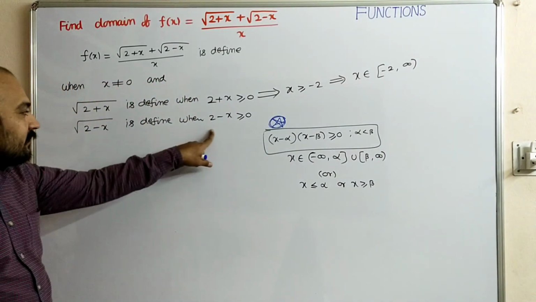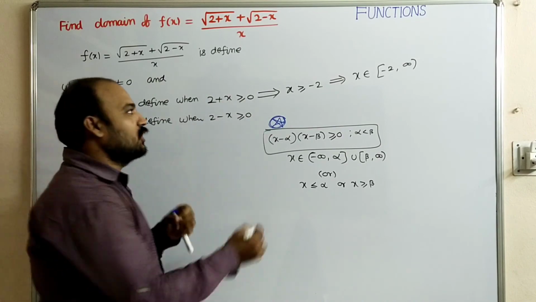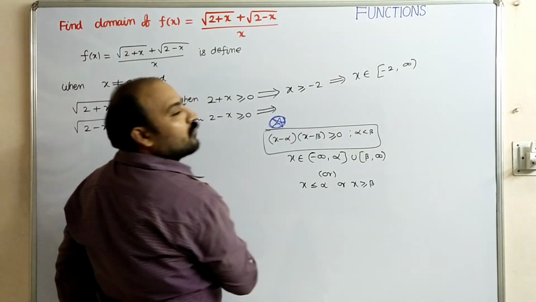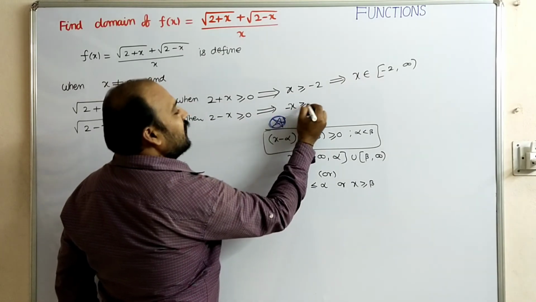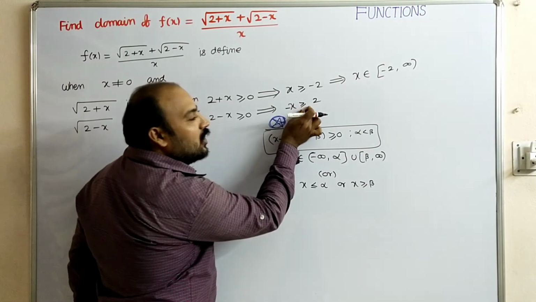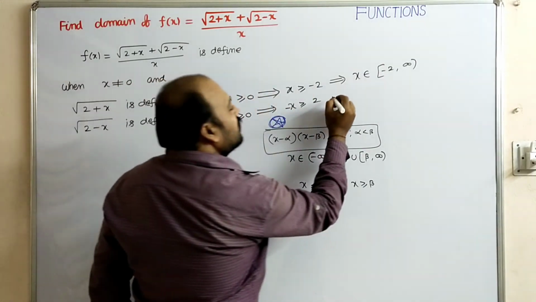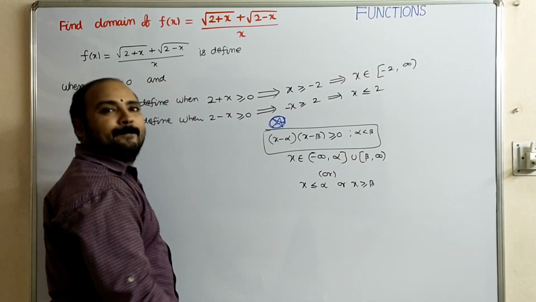And come to the second one, square root of 2 minus x is defined when 2 minus x is greater than or equal to 0. That implies that minus x is greater than or equal to minus 2. If we remove the minus here, the inequality will change. So that implies that x is less than or equal to 2.